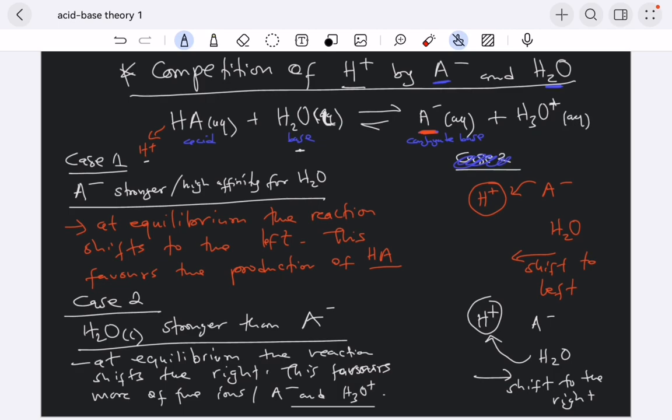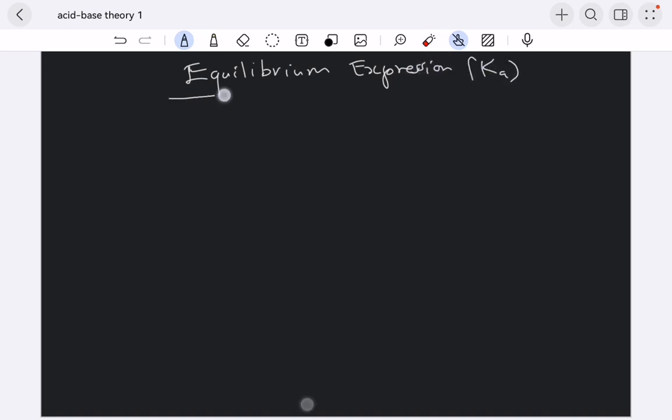So how is this information important? We are going to build on this information when we begin to talk about the equilibrium expression, which is normally known as the Ka. Ka simply means acid dissociation constant.